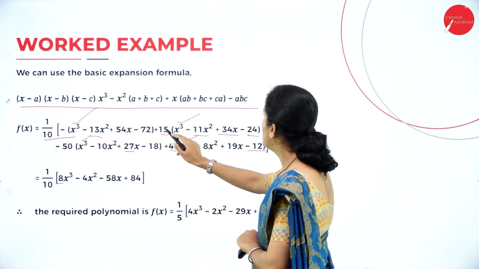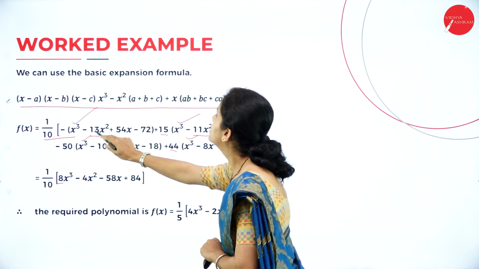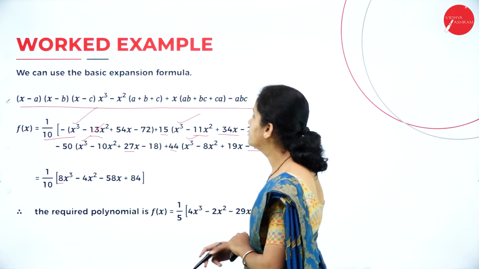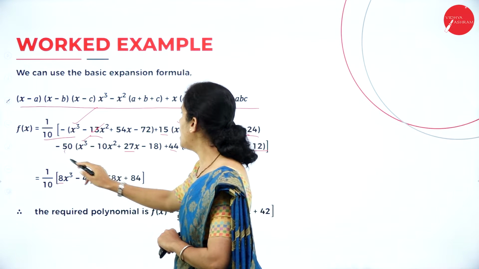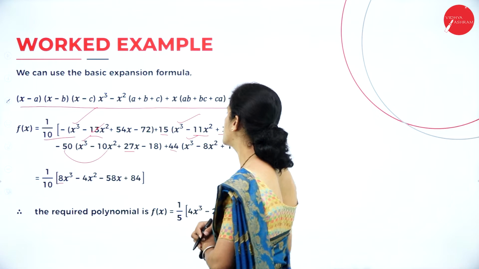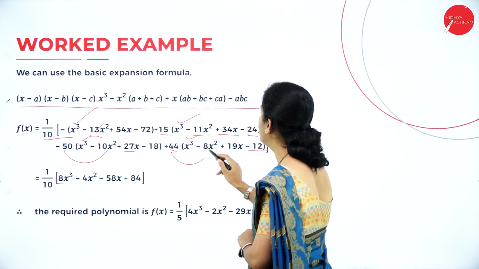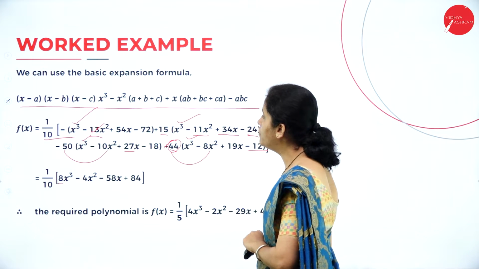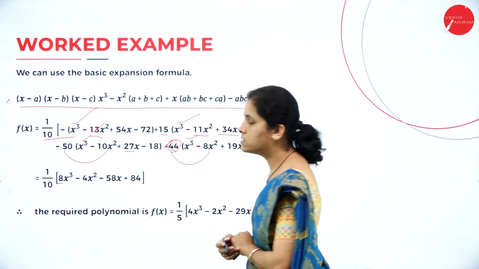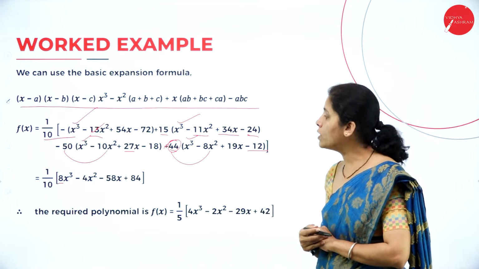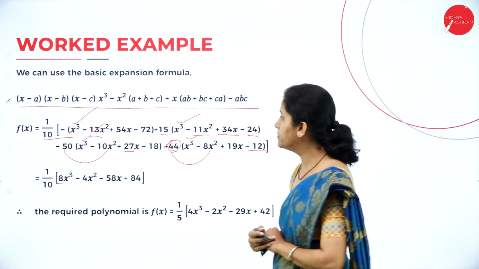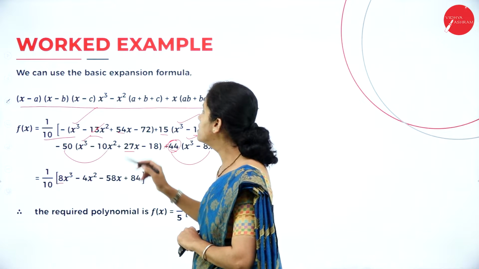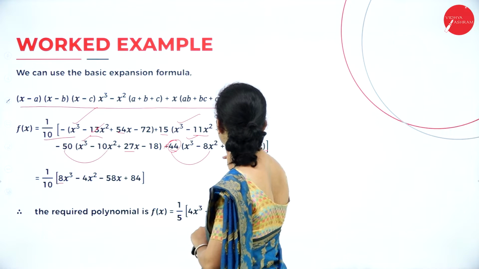Now see here, I have 13x square. Here I have 10x square. Here I have 8x square. And when I multiply with 44, okay, I'll get the answer minus 4x square. Now see here, I have 54x, 34x.